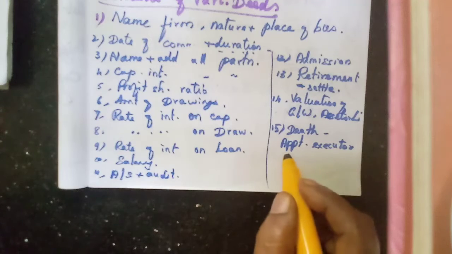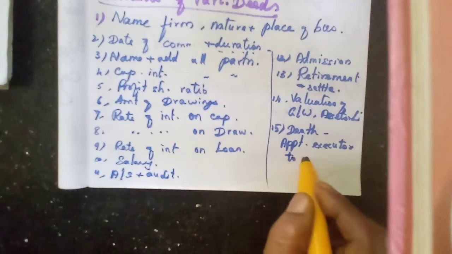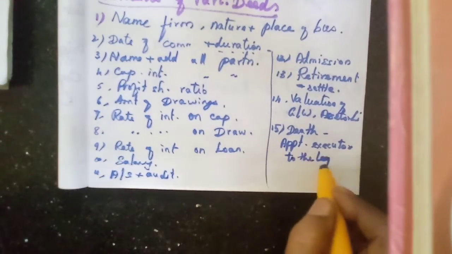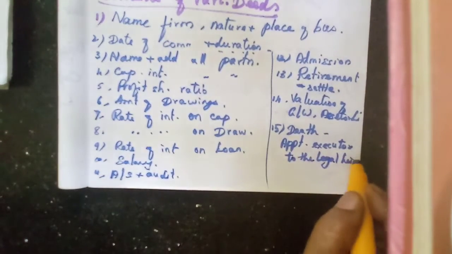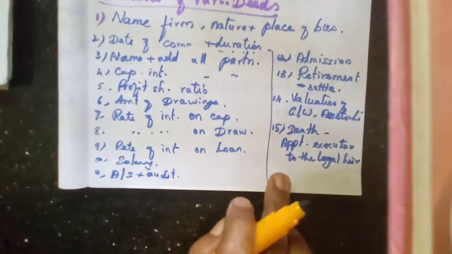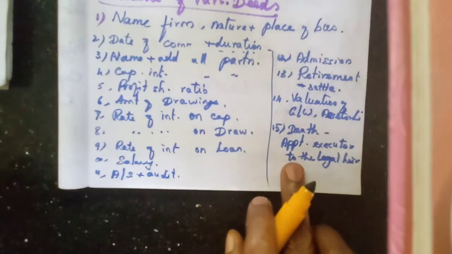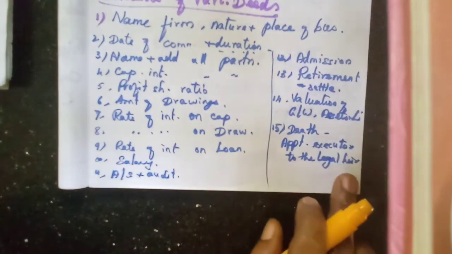And how to settle the dues to the legal heirs. That person will have some legal heirs, maybe the wife and children, and that amount should go only to them. So the appointment of executor and the procedure of settlement of dues to the legal heirs.